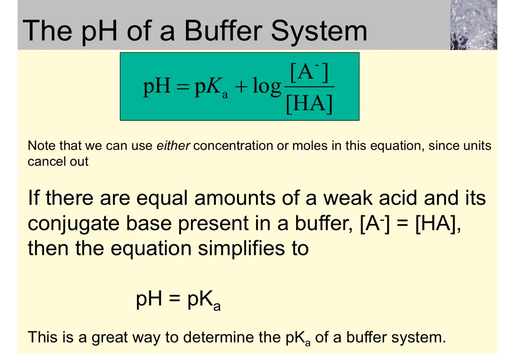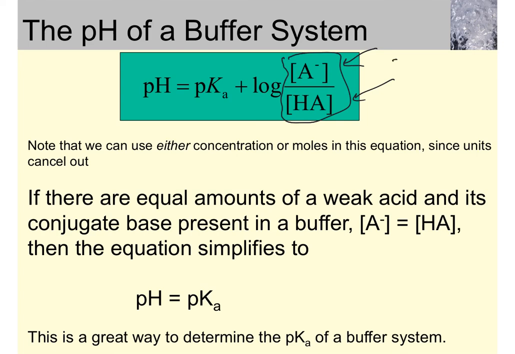What's kind of nice about the Henderson-Hasselbalch equation is that because we are dealing with the ratio of conjugate base to conjugate acid, they don't have to be in concentrations. This is a really important point that'll save you time on an exam or quiz, okay? Because units are going to cancel, right?